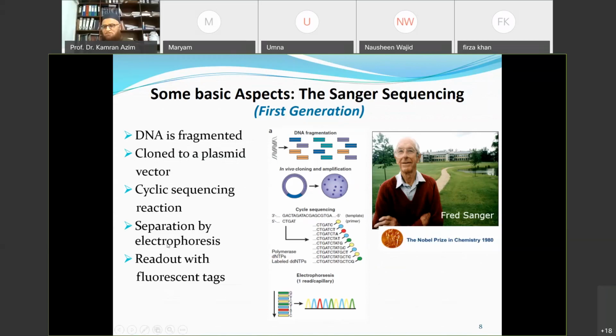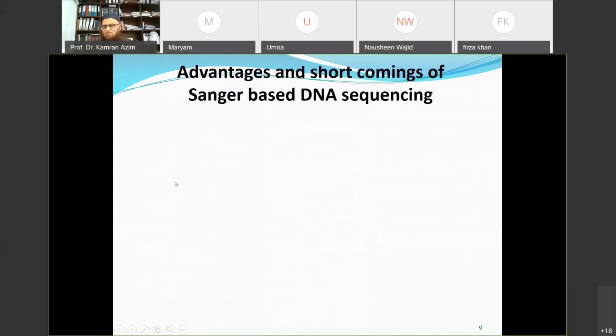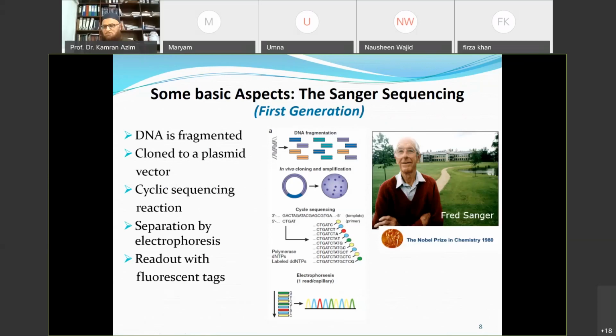These are basically the steps, not the principle, sorry. These are the steps or pathway for genome sequencing.